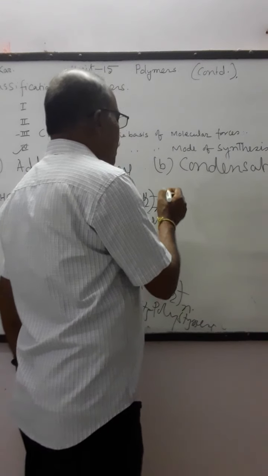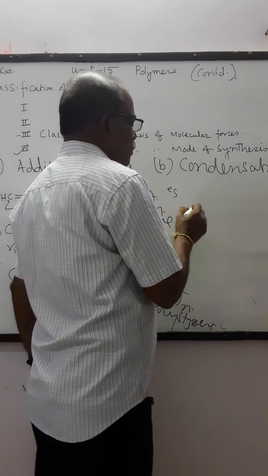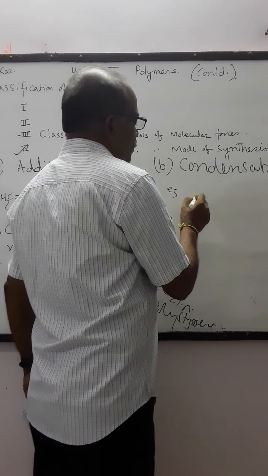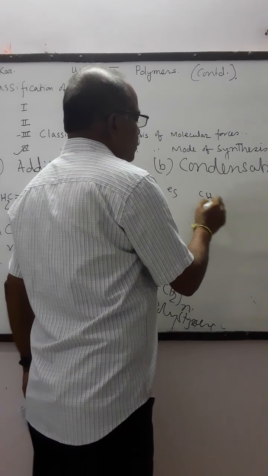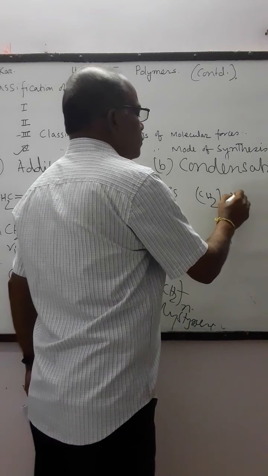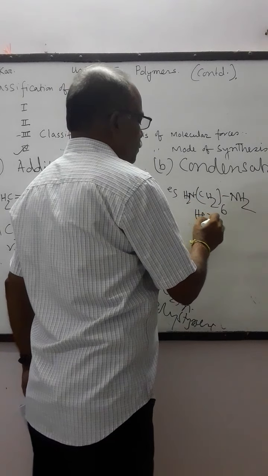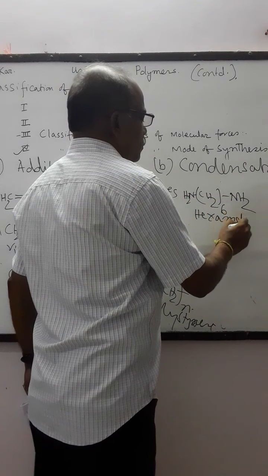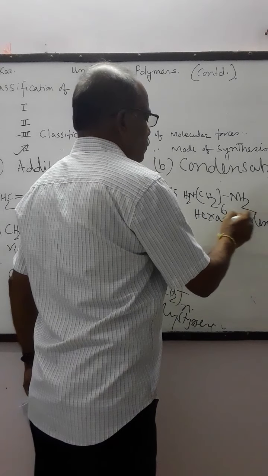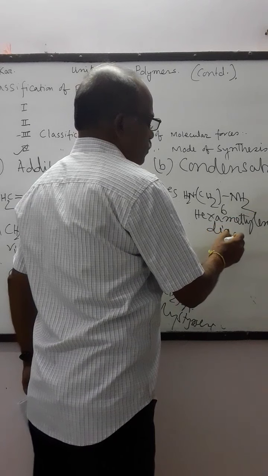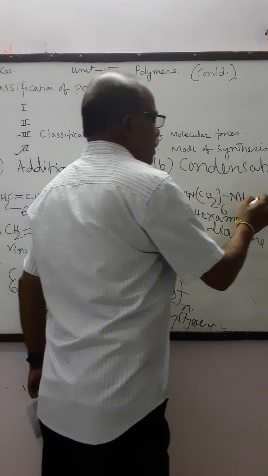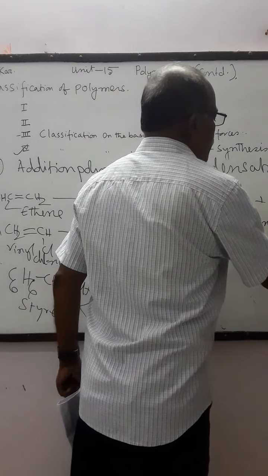For example, if we consider these two compounds, say hexamethylene diamine and another one, say adipic acid.